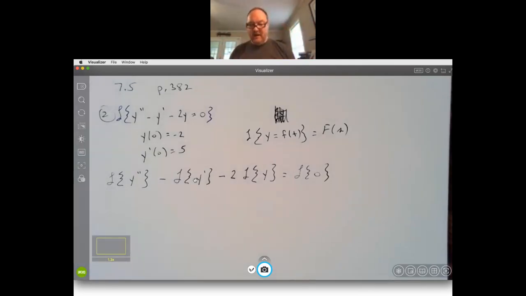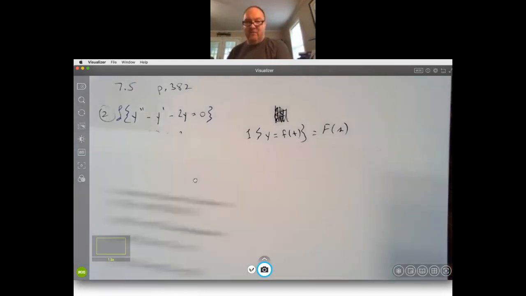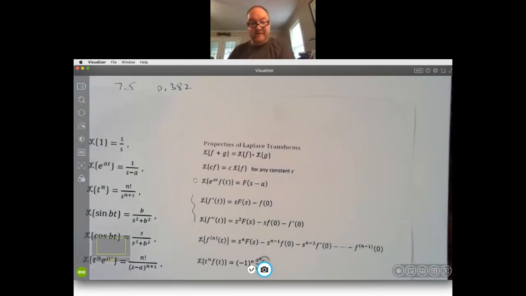So let's find the second derivative portion. And so I'm looking on the handout with the properties. And I mentioned this the last time we met last Wednesday. I want to transform the second derivative. And this is exactly what it looks like. So let's fill that in.